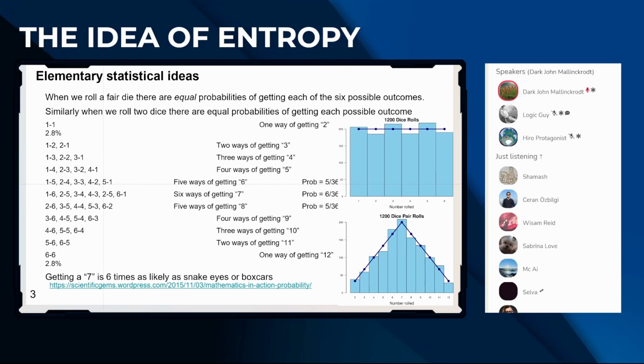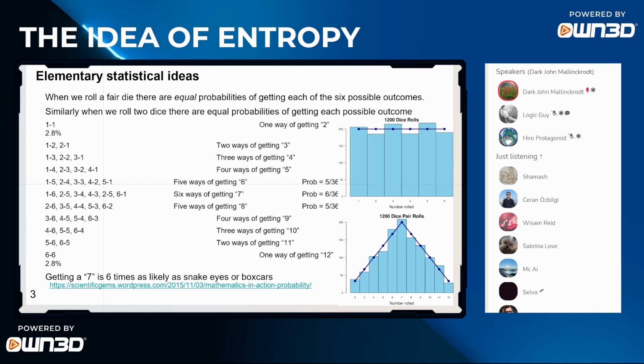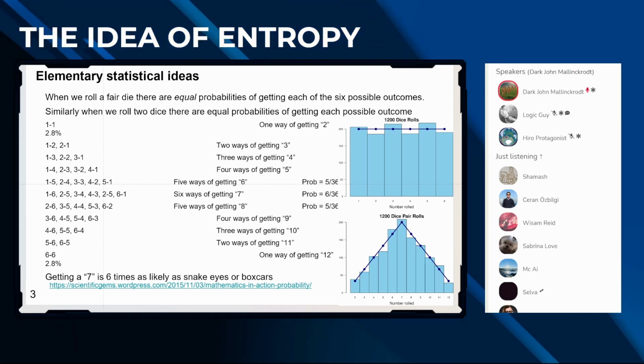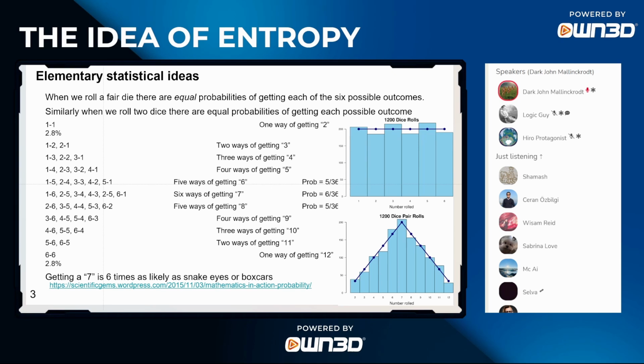And as I say, there's one way of getting a 2, that is both dice have 1s on them, 2 ways of getting a 3, a 1 and a 2, or a 2 and a 1, and so on. I won't go through that list, but if there are any questions on it, feel free to ask. There are 36 possible outcomes of rolling 2 dice, and the most probable result is that you get 7, because there are 6 ways of getting 7.